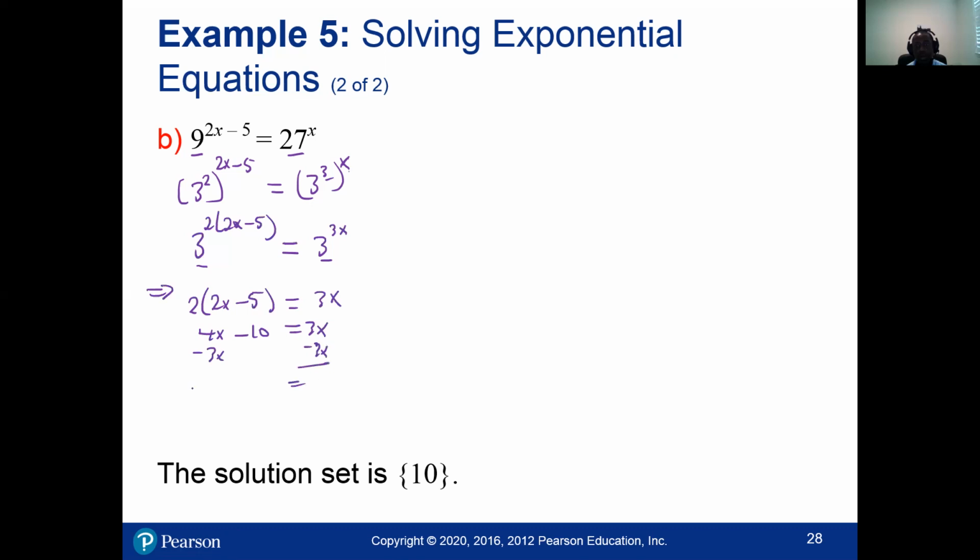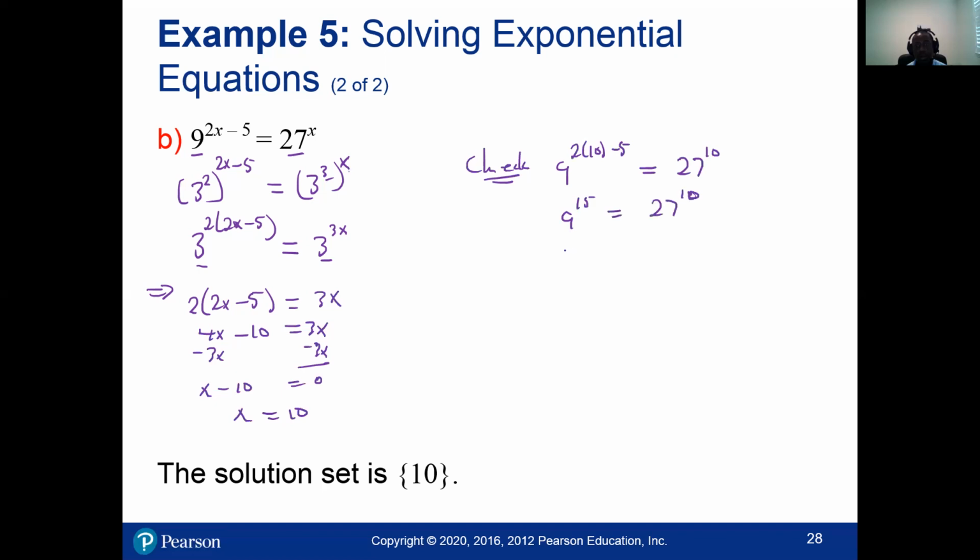This is equal to 0, and this is x minus 10, and you get x is equal to 10. So we can check to make sure they are equal. You get 9 raised to 2 times 10 minus 5. Is it the same as 27 raised to 10? Okay, you got 9 raised to 20 minus 5, which is 15, and 27 raised to 10.